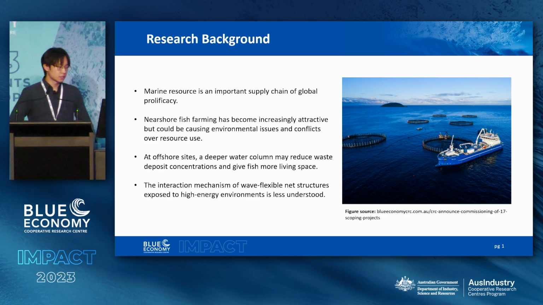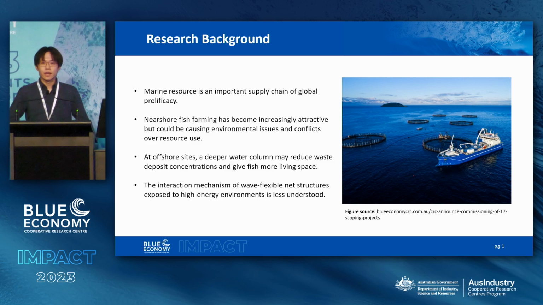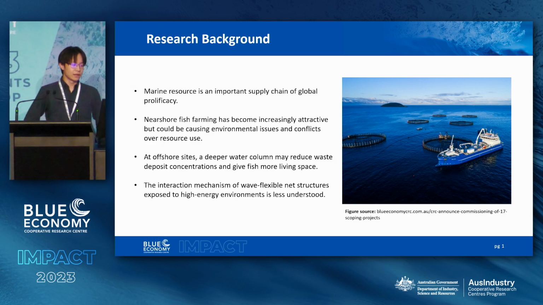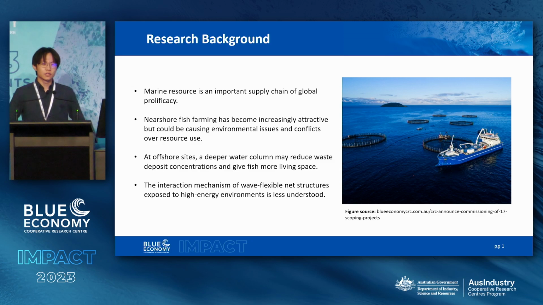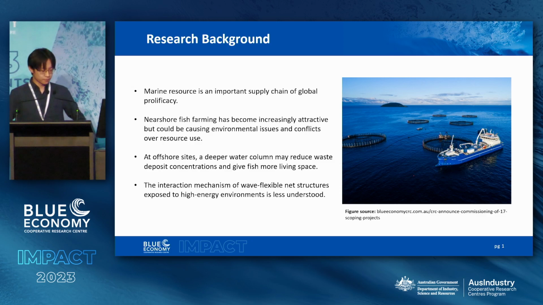At offshore sites, a deep water column may reduce waste deposit concentration and give fish more living space for their welfare. However, the interaction mechanism of waves and flexible net structures exposed to a high energy environment is less well understood.